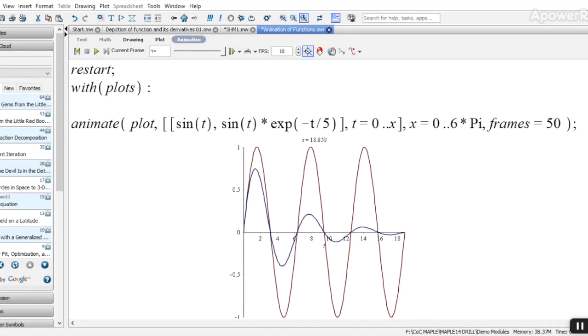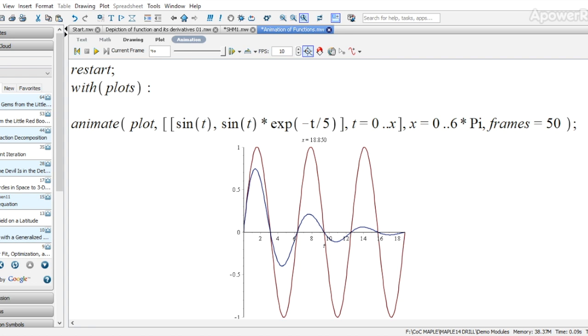Now friends, we shall try to use the command of animation, and the command of animation we can use to roll a parameter over time or anything like, and you can plot one function, two functions, or many at a time.